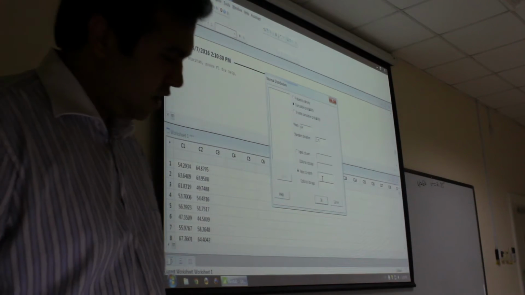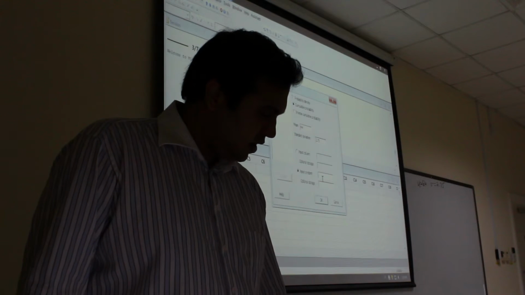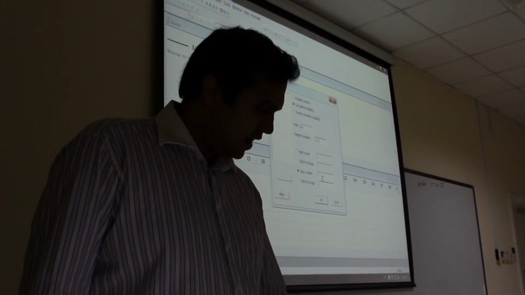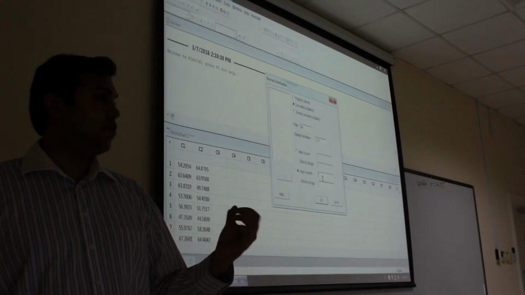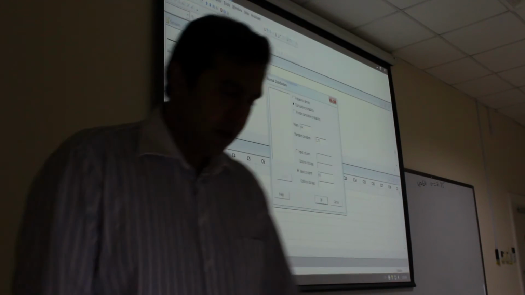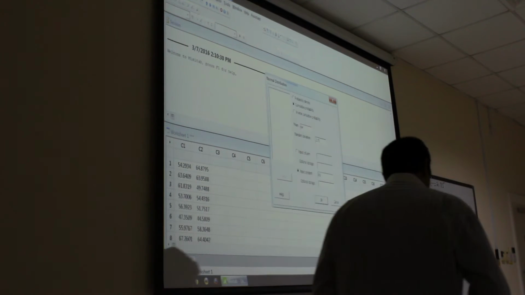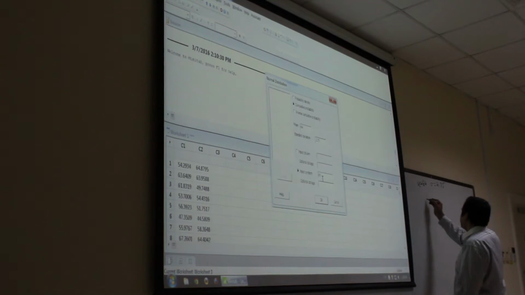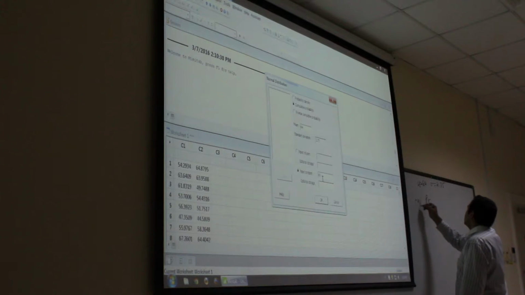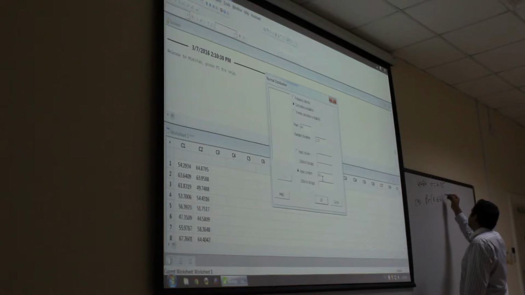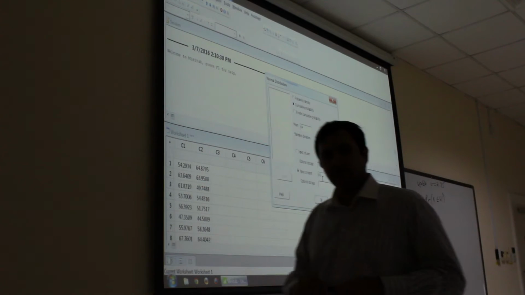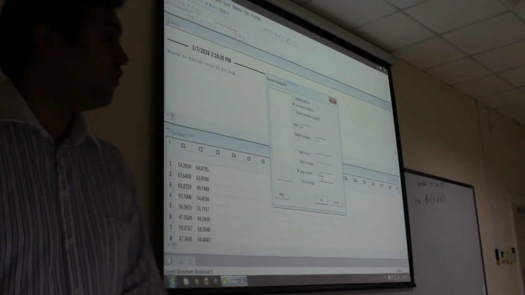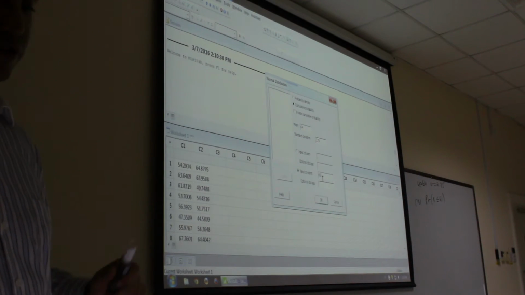In this case, the question asks for the probability that x is less than 61. So the input constant will be 61. What that gives us is the probability that x is less than or equal to 61, for that distribution.